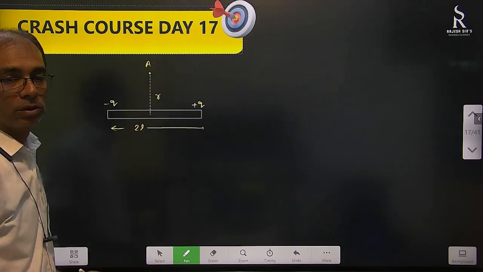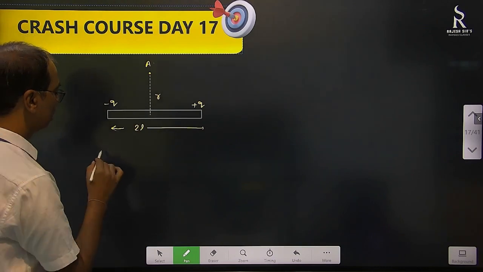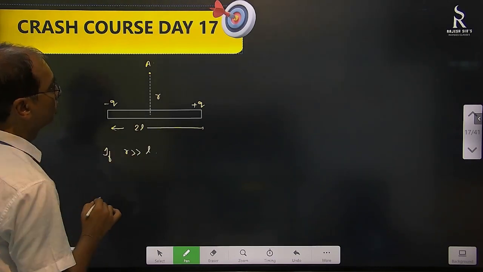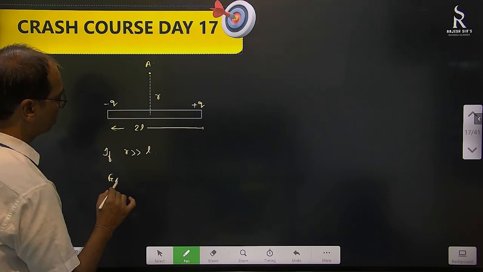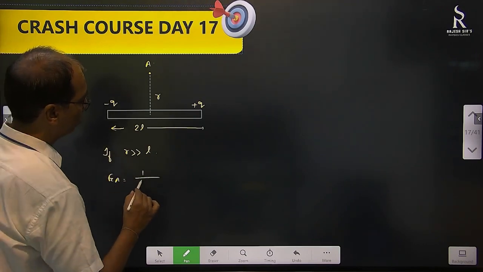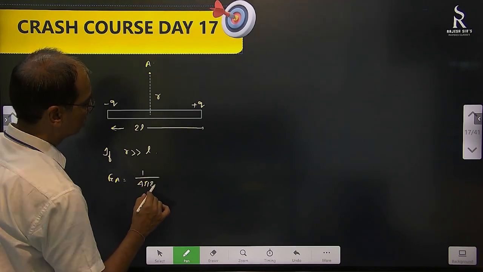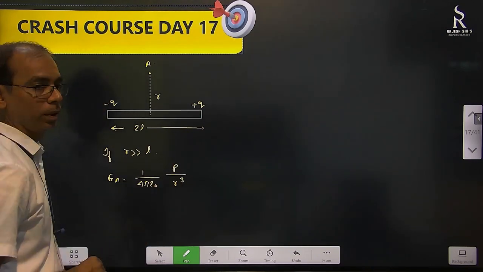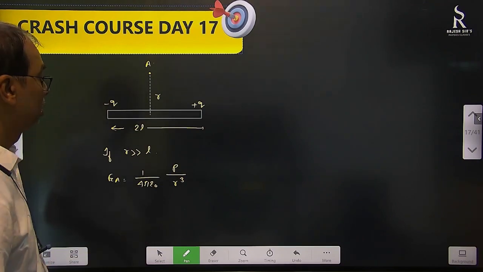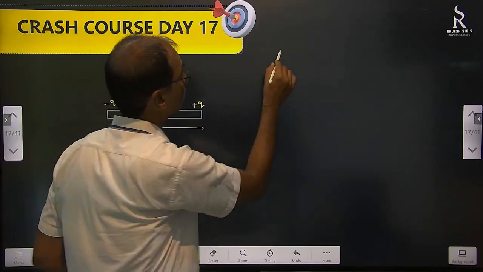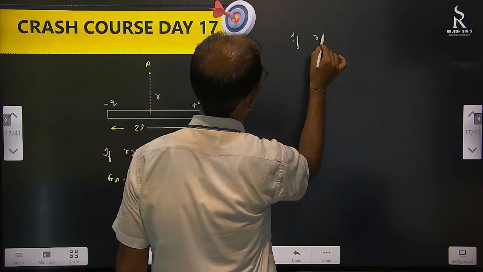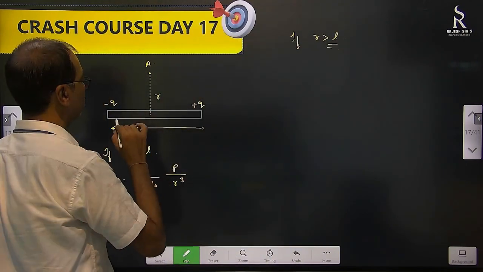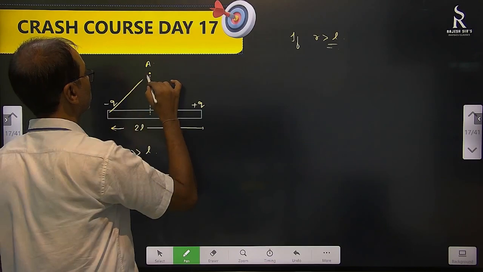So if R is much greater than L, then electric field at A is 1 by 4 pi epsilon naught, P by R cube. That's all. But if it's comparable, if R is just greater than L, then you are going to find the force because of this one here.